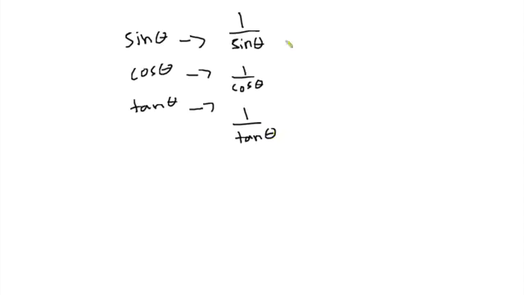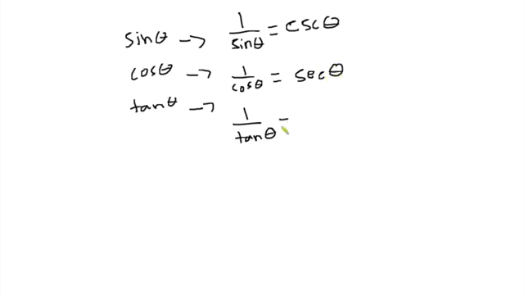And each of these has its own name. Okay? Actually, let me draw an equal sign. 1 over sine theta is equal to, this is called cosecant theta. 1 over cosine theta is called secant theta.